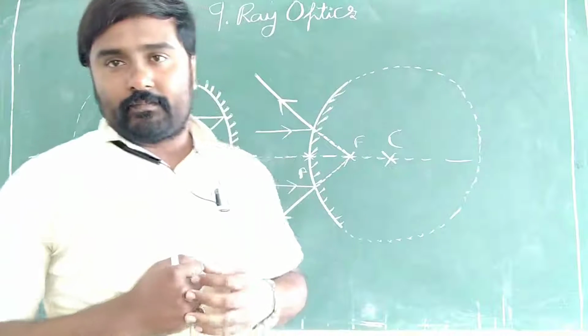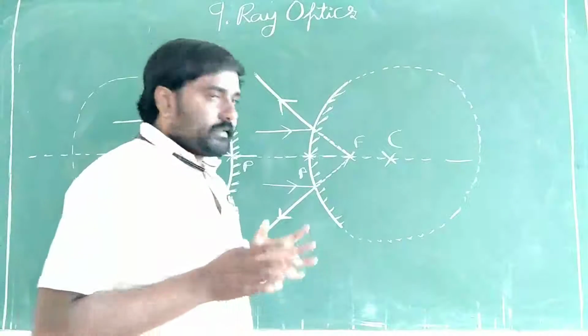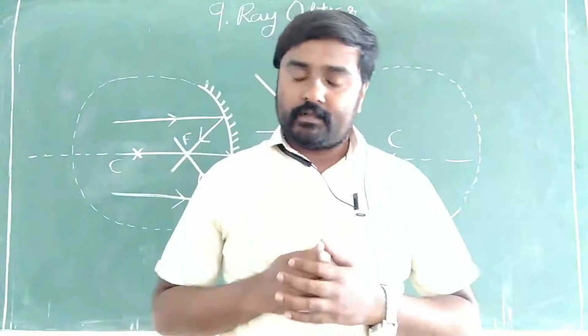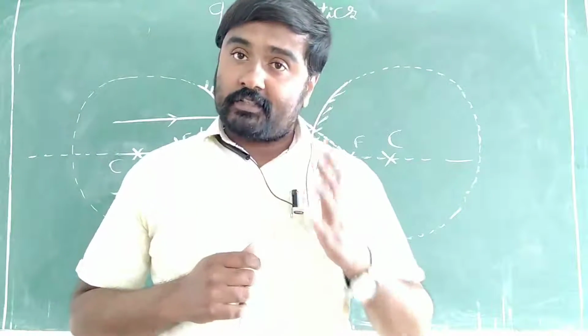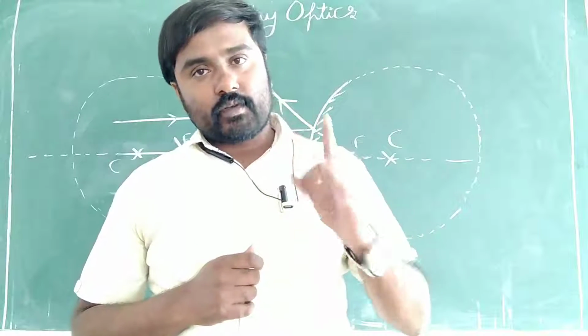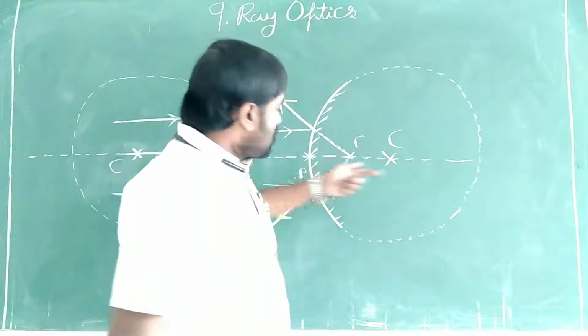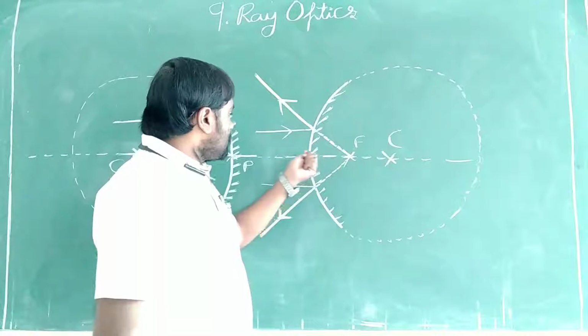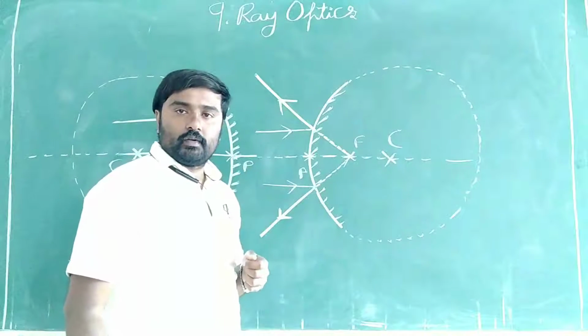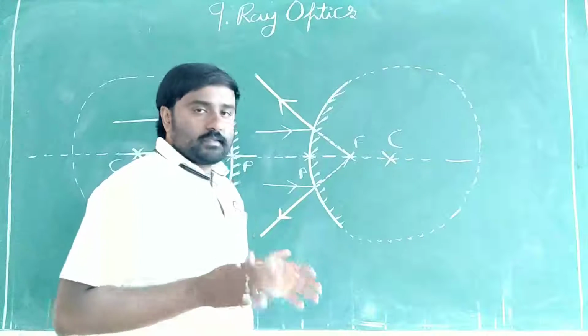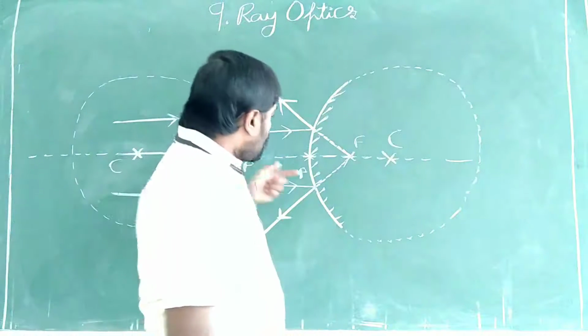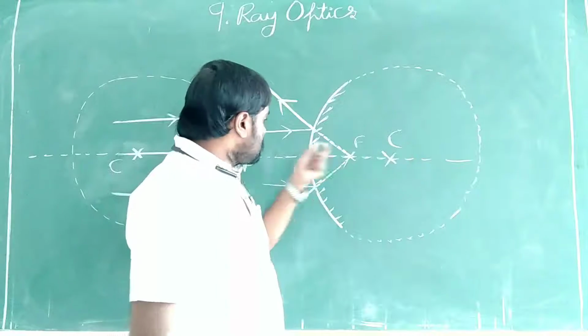And the second one: all distances are measured along the principal axis from the pole.